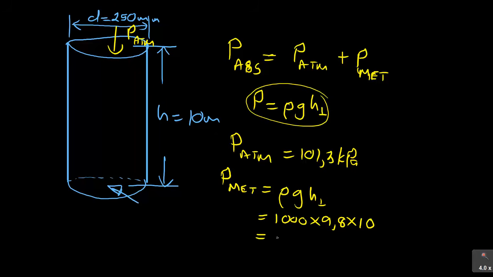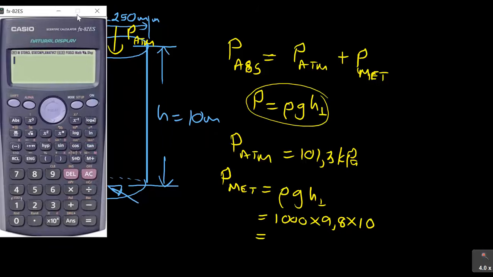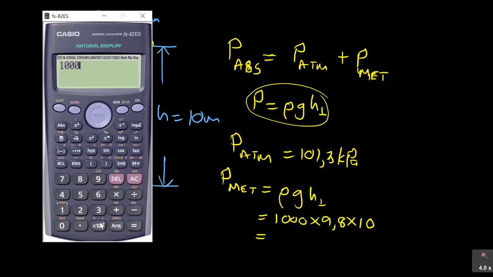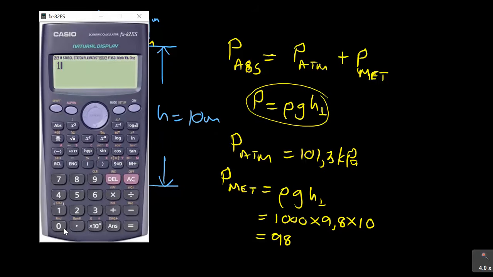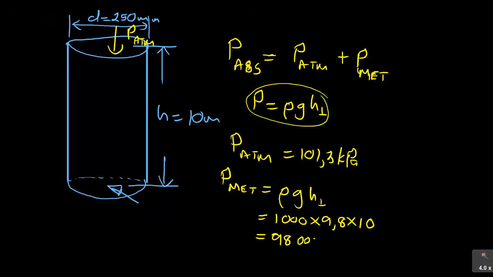If you multiply that, it is 1000 times 9.8 times 10. Let me do that again. It was 1000 times 9.8 times 10. This is 98,000, and this is pascals, remember.